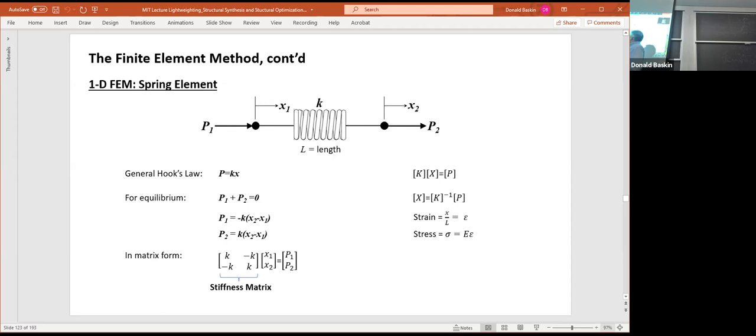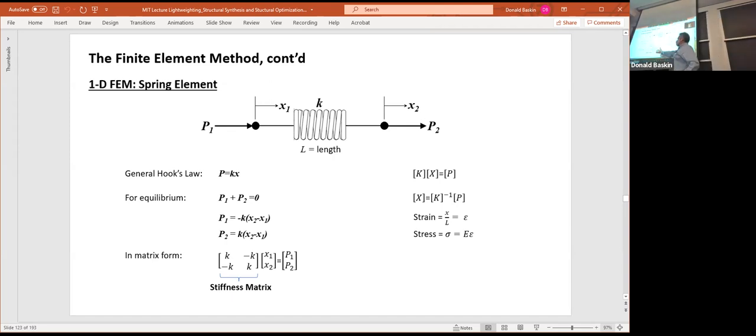P plus P1 plus P2 equals 0 because it's not accelerating off into the distance. Then you can write these two equations here, which are just Hooke's law for this particular set of geometries.